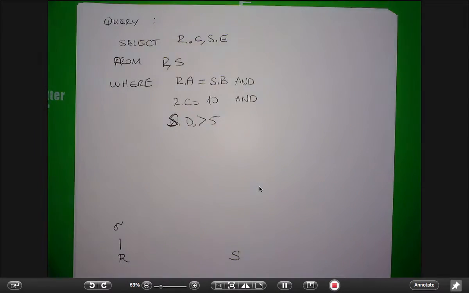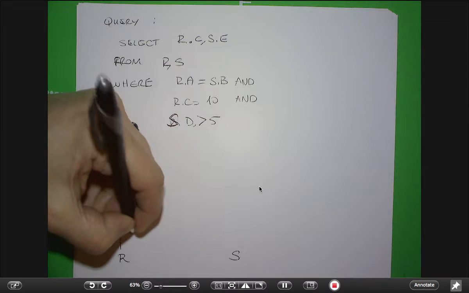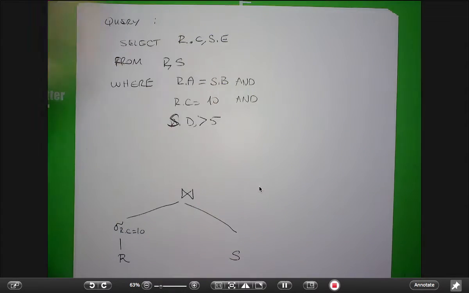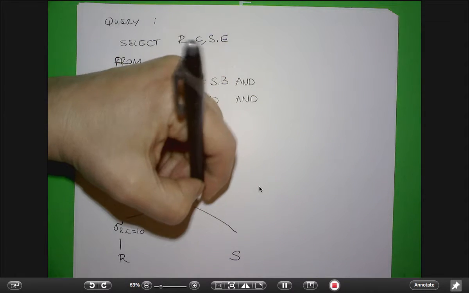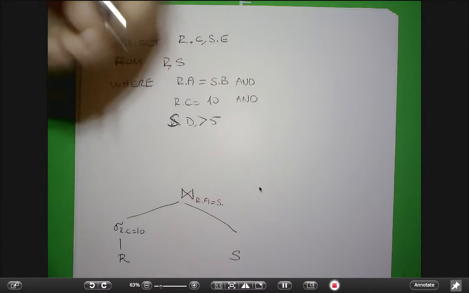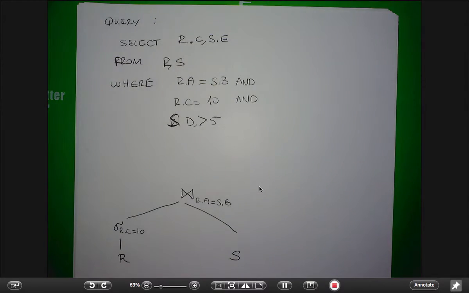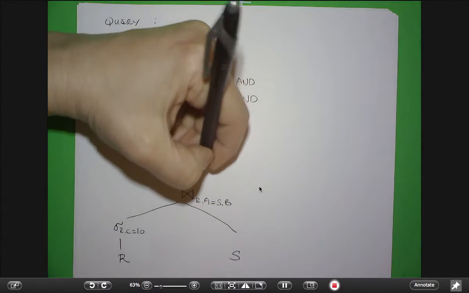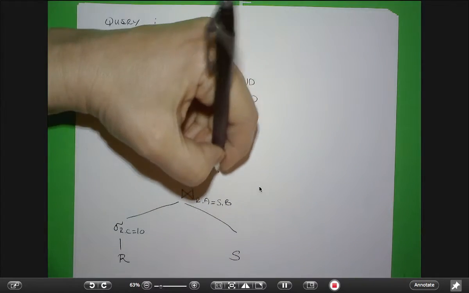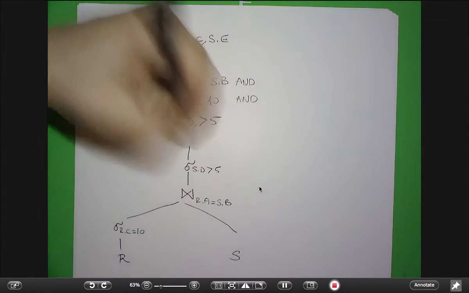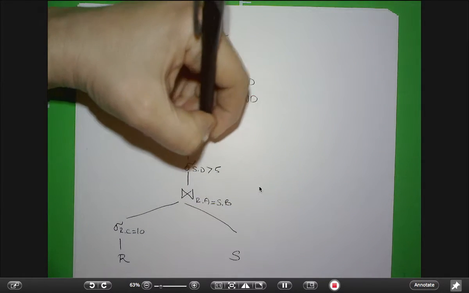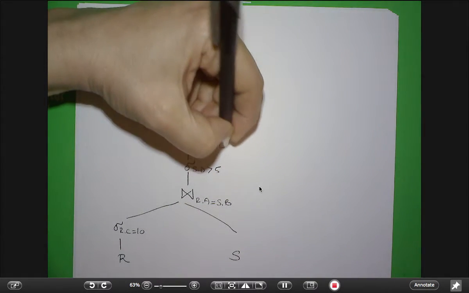From this, I'm going to select R.C equal to 10. Then I'm going to join on R.A equal to S.B. Then I'm going to select on S.D greater than 5. Then I'm going to project on R.C and S.E.